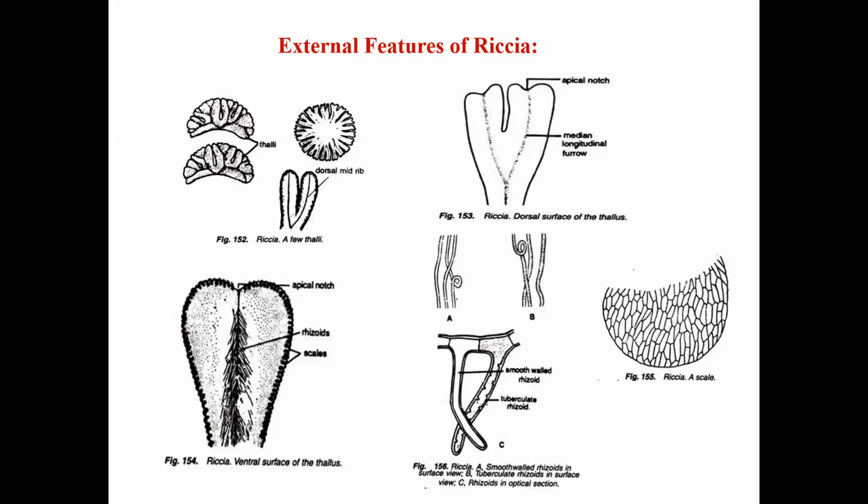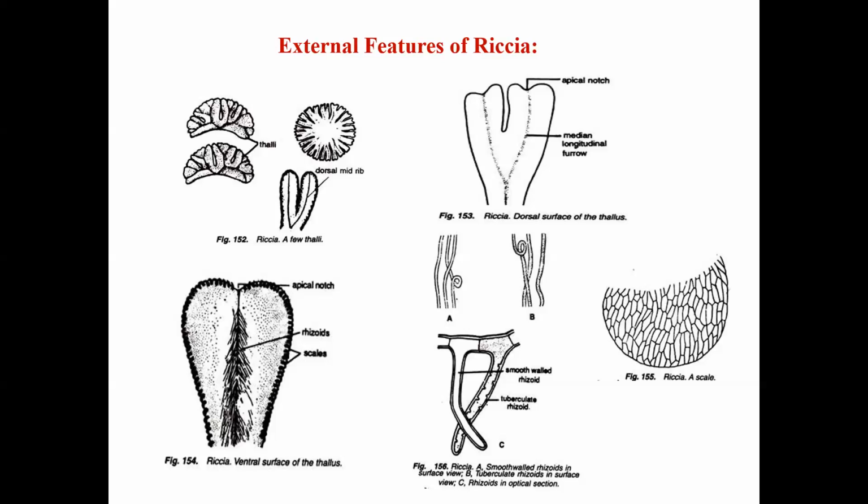The scales are found in one row towards the apex of the branch, whereas they are found in two rows in the portion away from the apex.